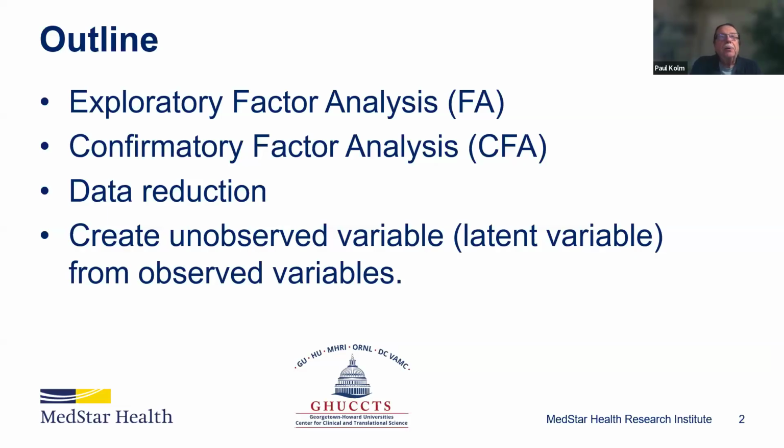But essentially what we're doing when we do factor analysis is we're reducing the amount of data that we have. And so what we're going to do is create unobserved variables from observed variables. And these unobserved variables we call latent variables.